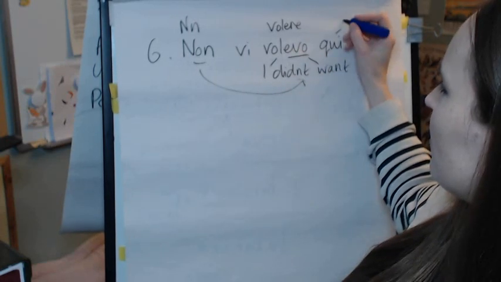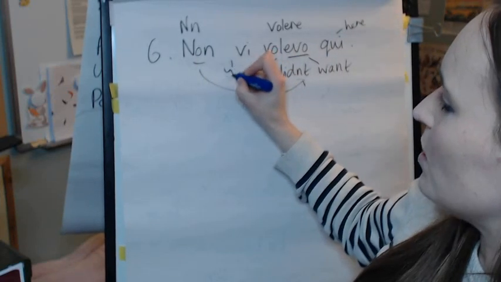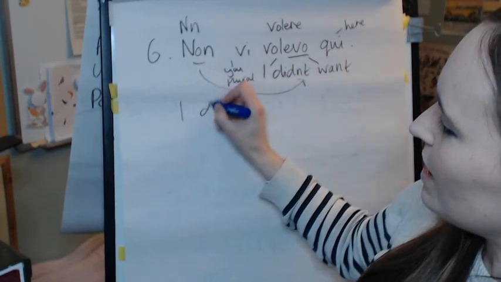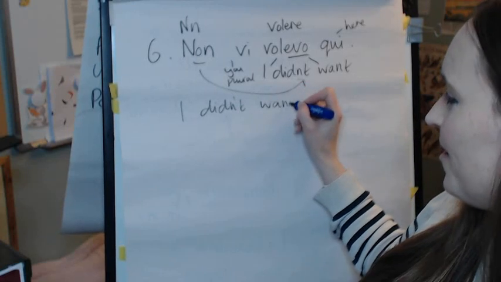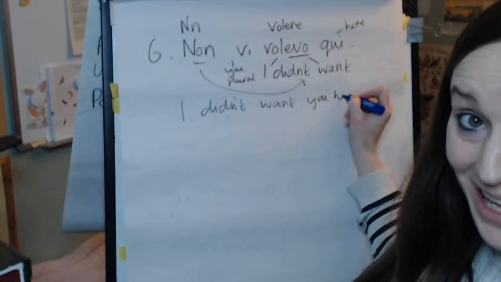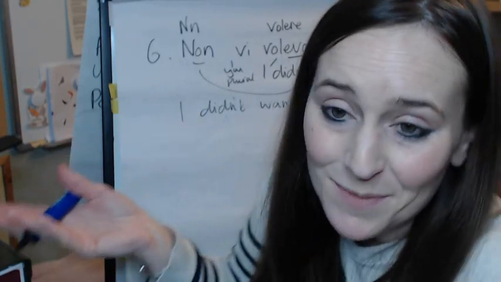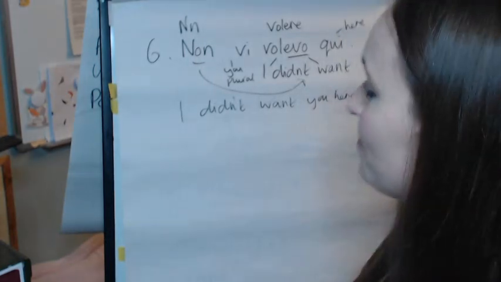Qui means here, and vi means you guys. You, plural. So, I didn't want you here. Maybe for some people that might be true. Anyway, I thought it was quite funny.